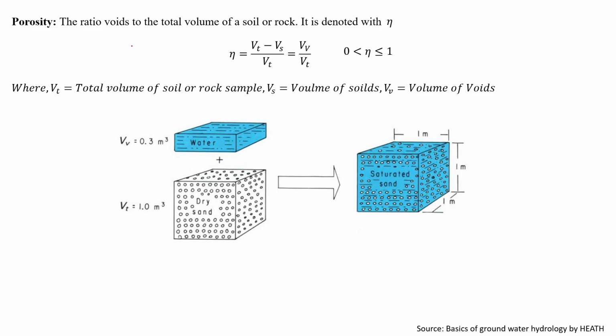Here also we'll just touch on what porosity is. Porosity is nothing but the ratio of voids to the total volume of a soil or a rock. If you remember the three-phase diagram from geotechnical engineering, you will have this. Let's see, I'll draw a three-phase diagram.